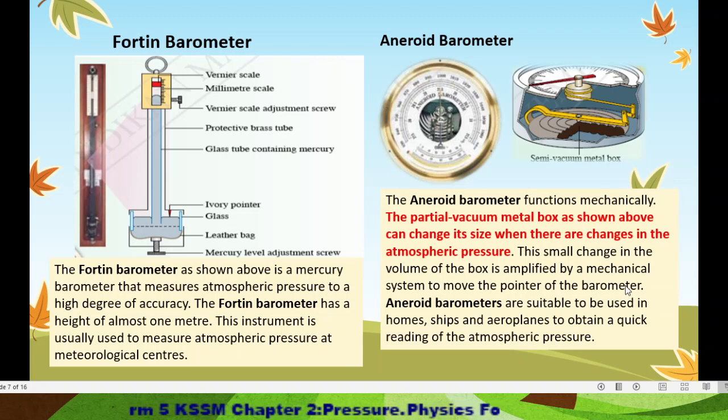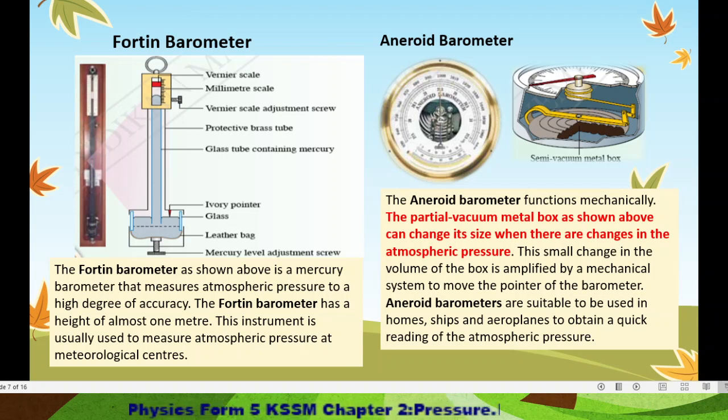As we know, when there is a change in height or altitude, it will affect the volume of the semi-vacuum metal box. So the change in height will cause the pointer to deflect. So this one will give readings.